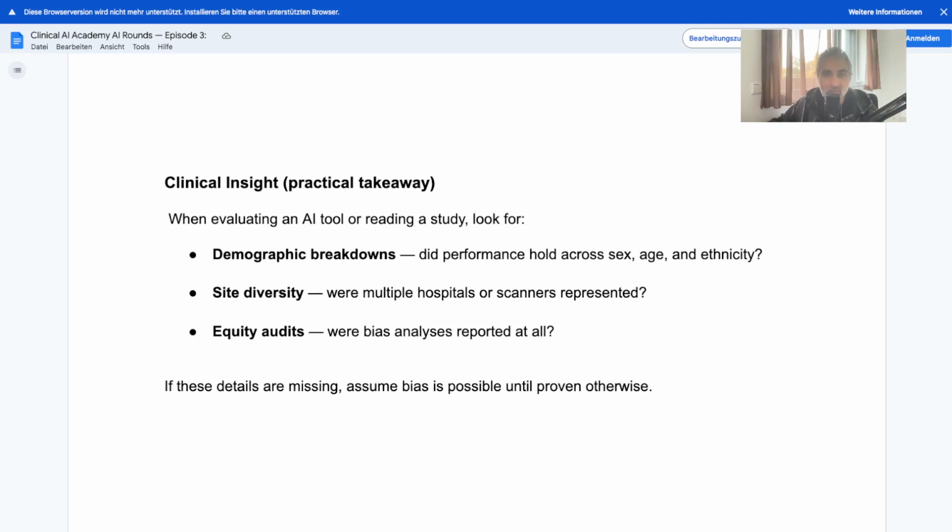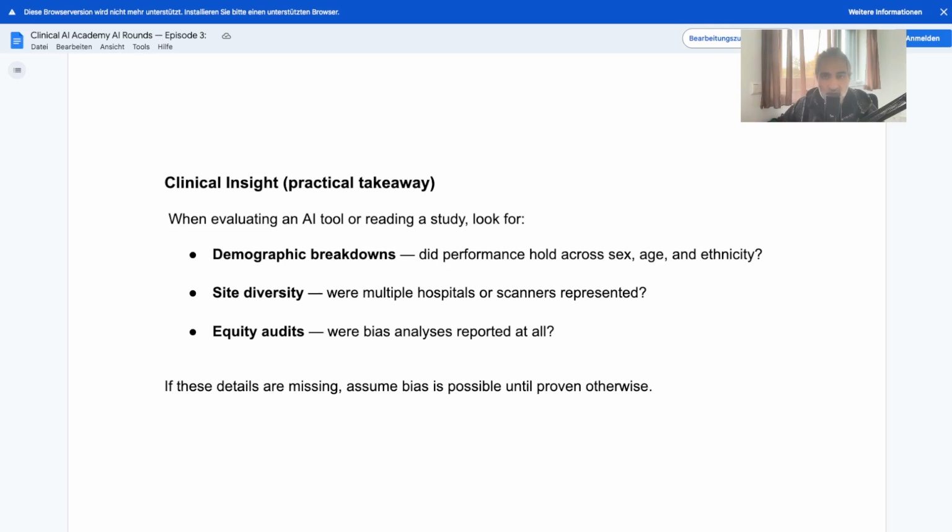Or the other way around, that the AI tool you're using can perform, with the data that it was trained on, on your own patient population. So that is your reality. But the AI was trained on a different reality, which is the data in this case.